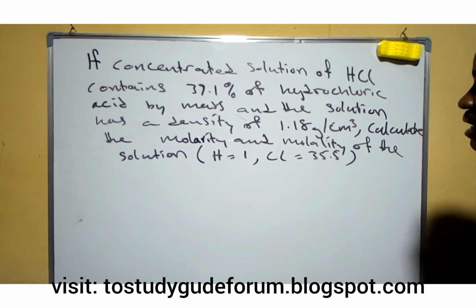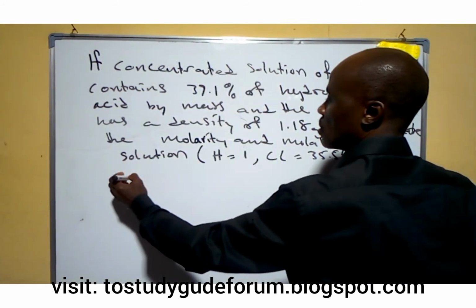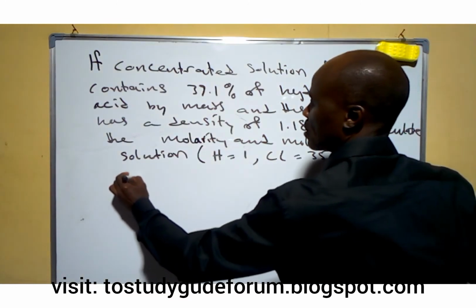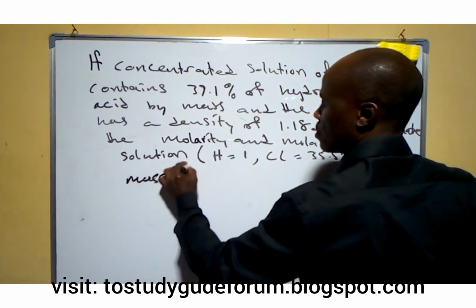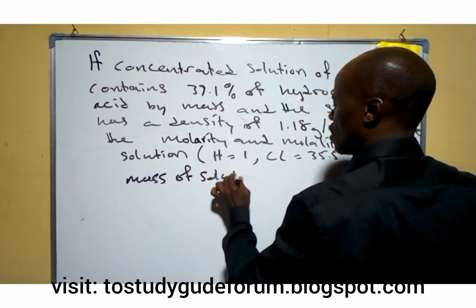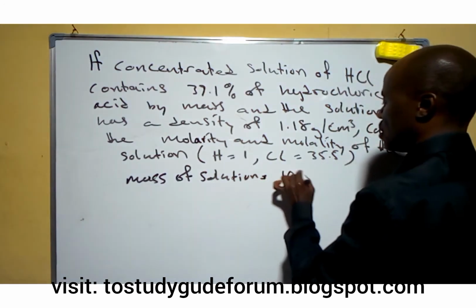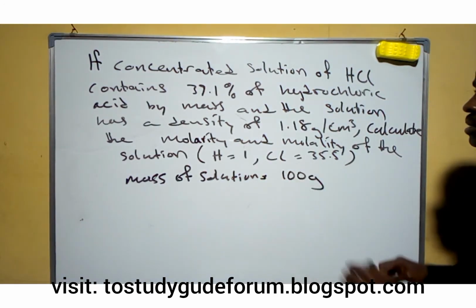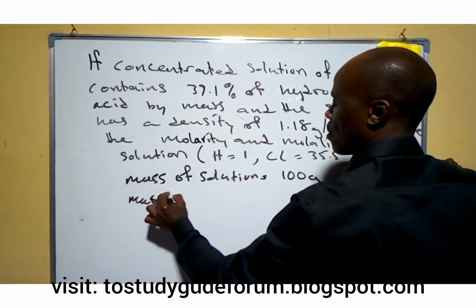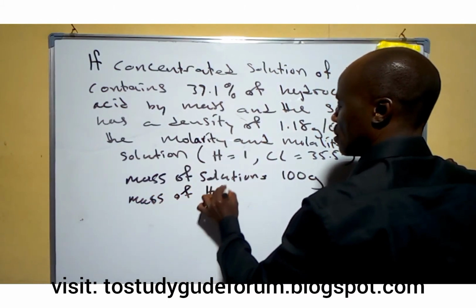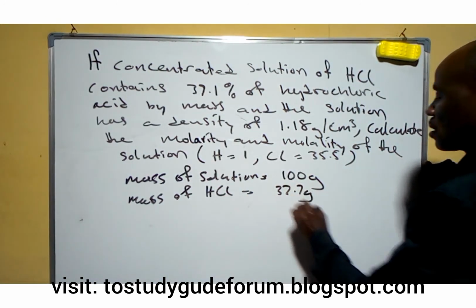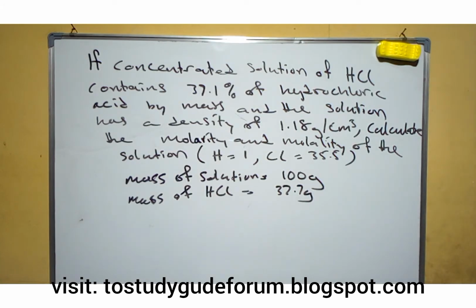That means the mass of the solution will then be 100 grams. That means the mass of HCl will then be 37.1 gram, since we're talking about by mass.